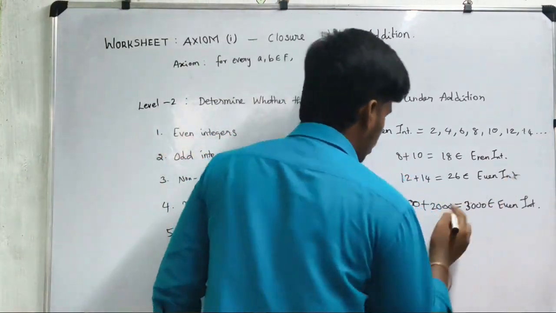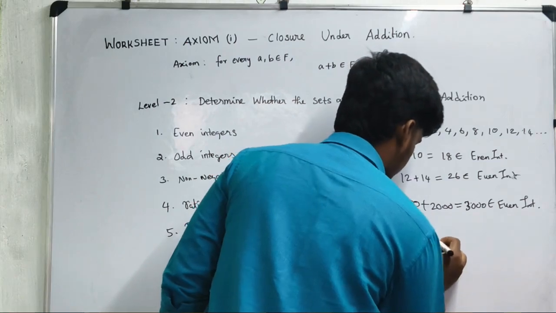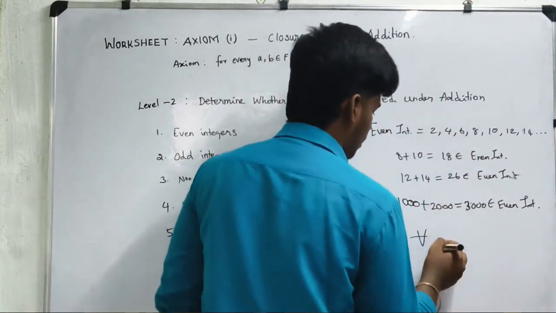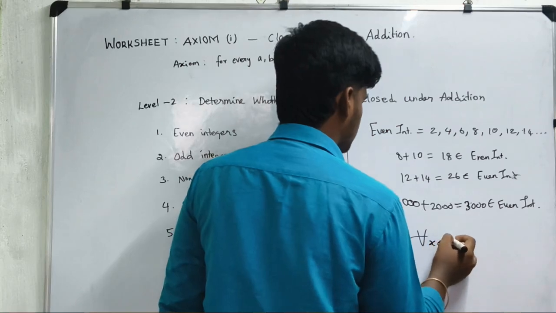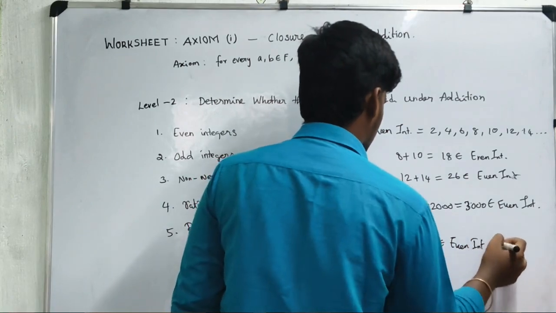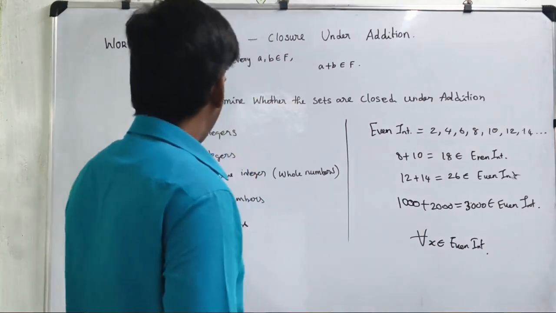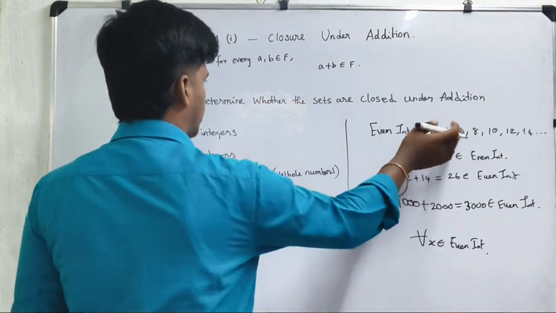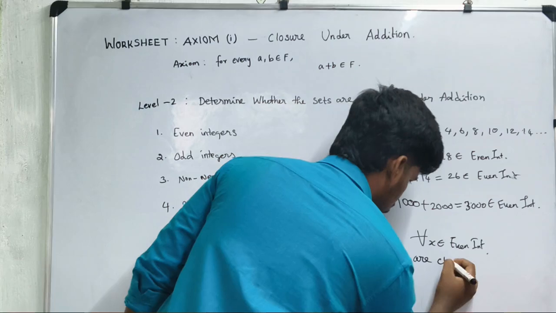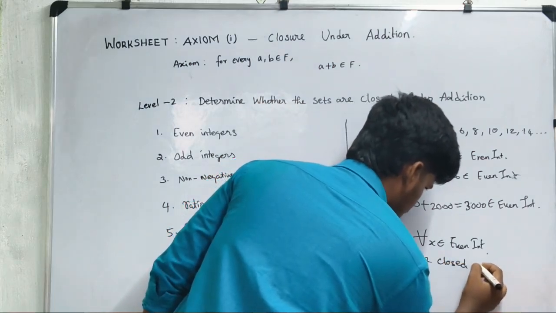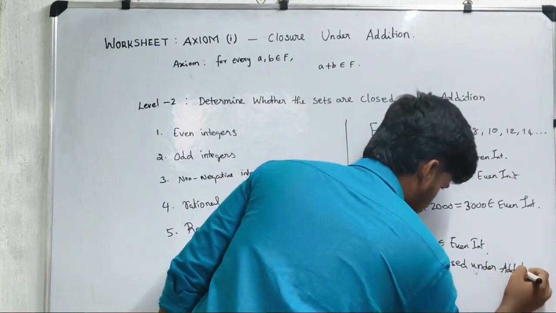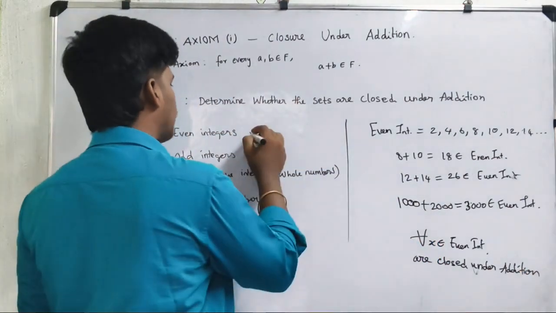This works for all terms in the even integers, so for all x belonging to the even integers, they are closed under addition. So our first one is solved.